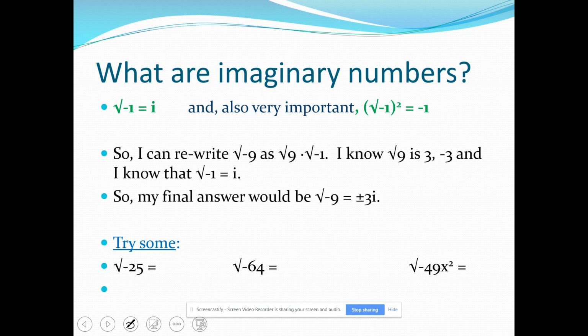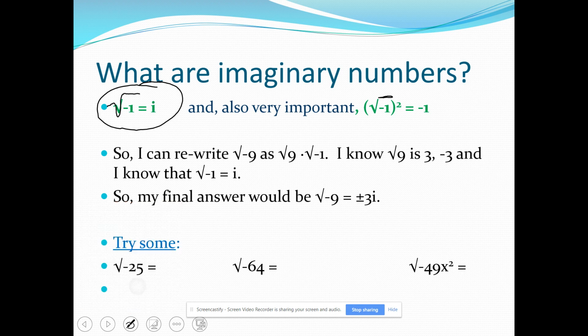What are imaginary numbers? Well, the square root of -1 is an imaginary number. It's imaginary because I can't plot it on any of the XY axes that we've ever talked about. So the square root of -1 is equal to i, and the square root of -1 squared is -1.